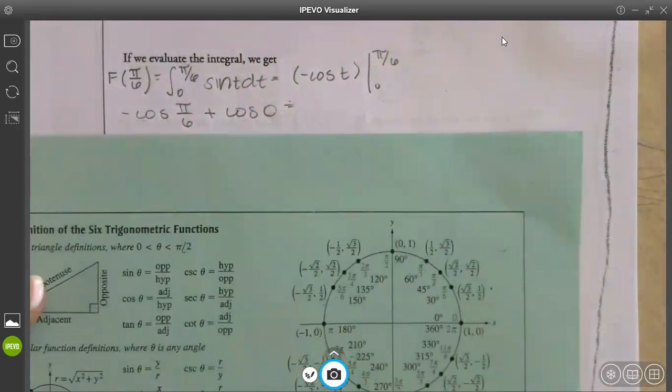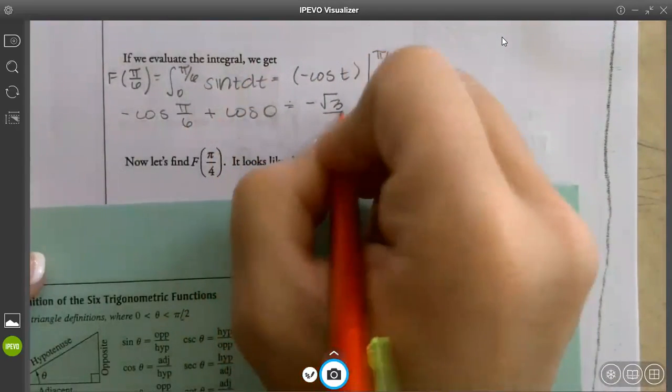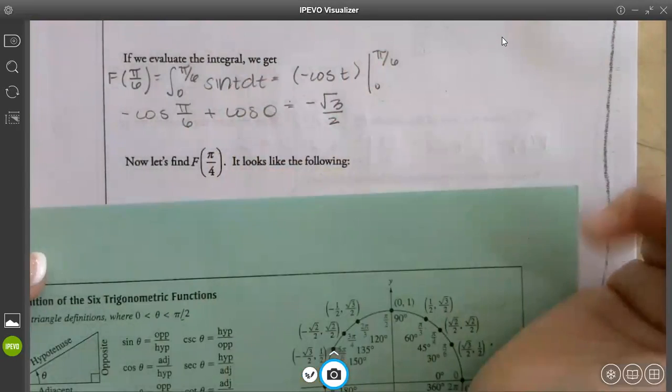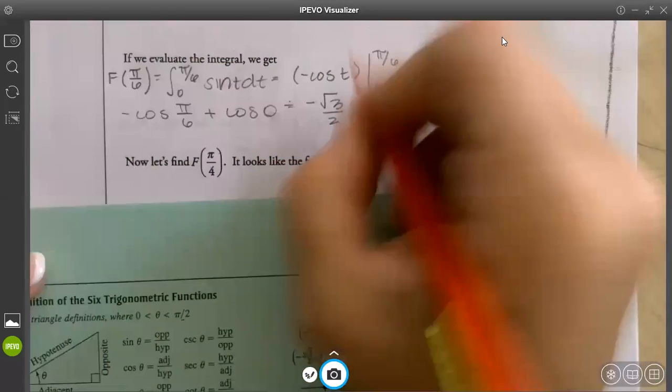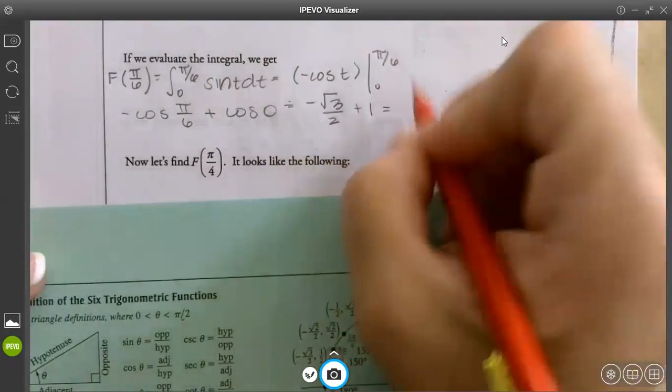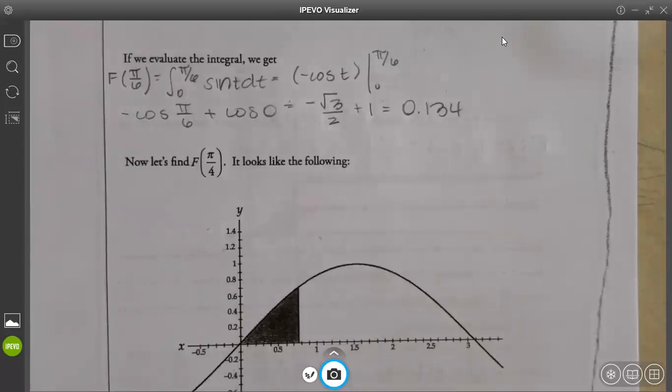Your x coordinate for pi over 6 was square root of 3 over 2, but we're going to do a negative square root of 3 over 2. What's your x coordinate at 0? 1, so plus 1. When we throw that in our calculator, we get 0.134. That's it. Then we're going to do f of pi over 4 on the next page.